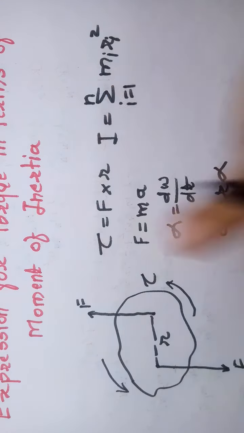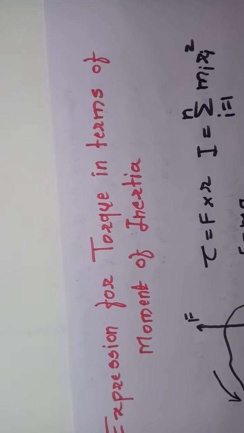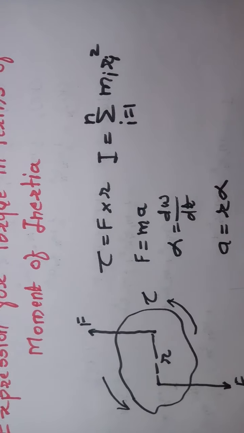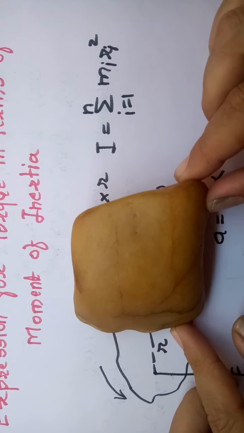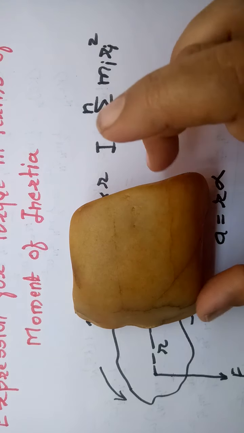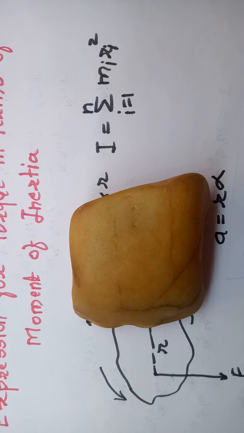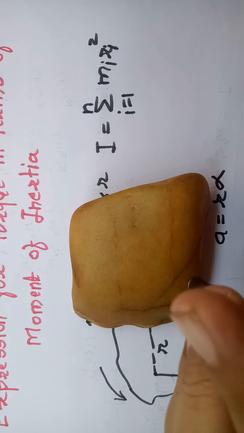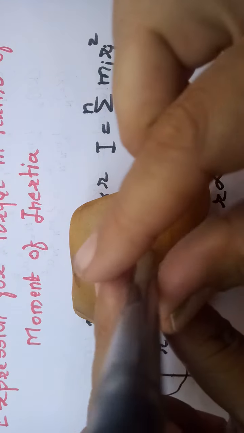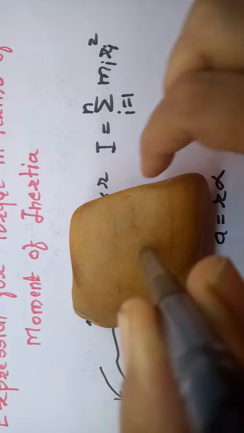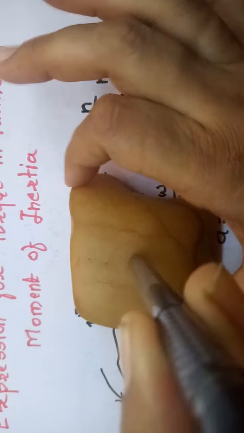So to obtain the expression for torque, what do we have to consider? Suppose, first I explain with the help of an object again. Suppose this is your rigid body or rigid object. We consider that this rigid object is rotating about an axis which is perpendicular to the plane of the figure, and in this way your body rotates.